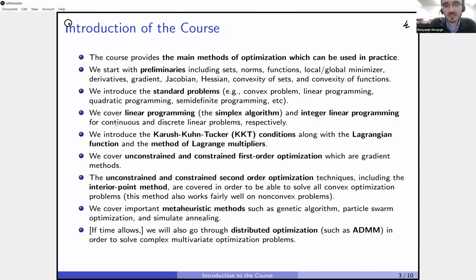And they can be used to solve all convex optimizations. And we'll see that usually important optimization toolboxes such as CVX use interior point method.